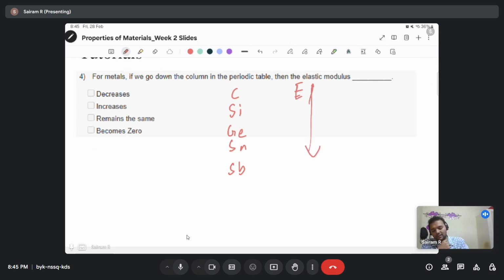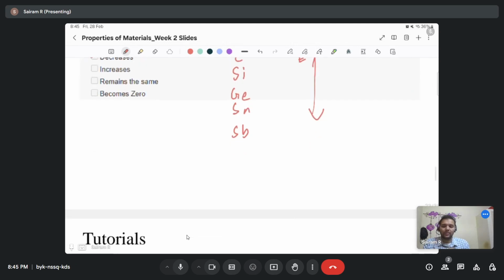Again, why? The nucleus is of similar size, but the electron cloud grows bigger and bigger. The ability of the nucleus to hold on to the outermost electron keeps decreasing, and in these cases we have a very, very shallow well. So when we have a very shallow well, the elastic modulus decreases.